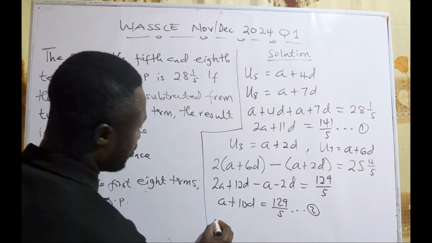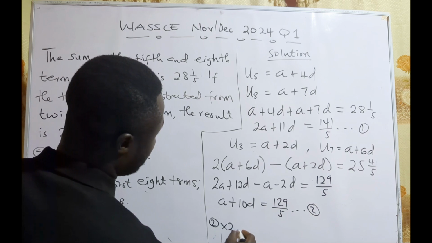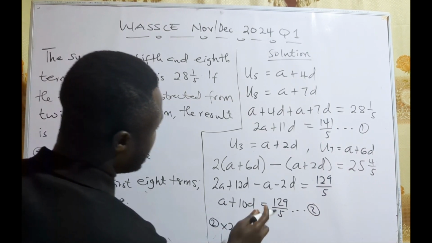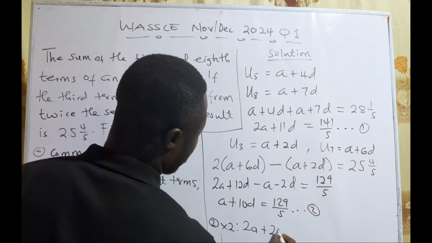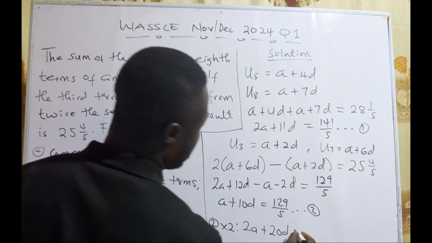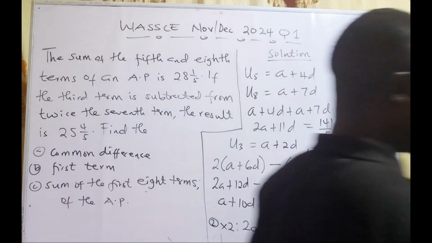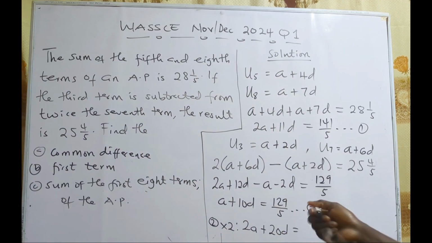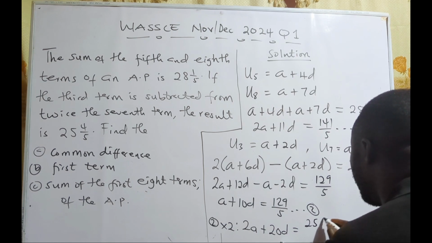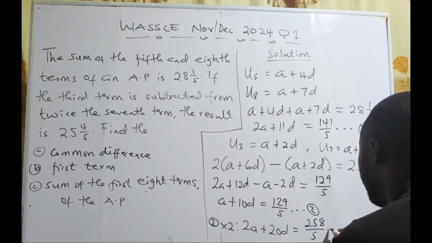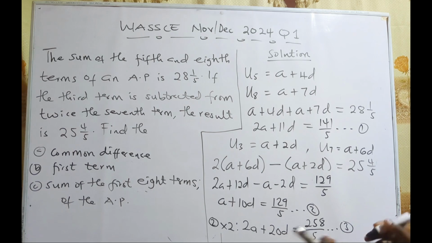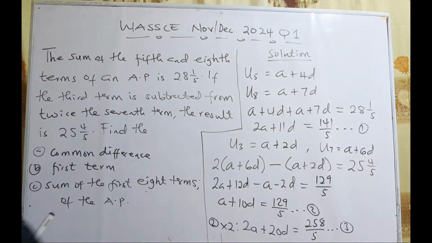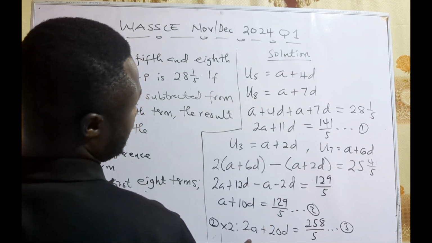Equation 2 multiplied by 2: 2 times A gives 2A, 2 times 10D gives 20D, equal to 2 times 129, which is 258 over 5. This is equation 3.